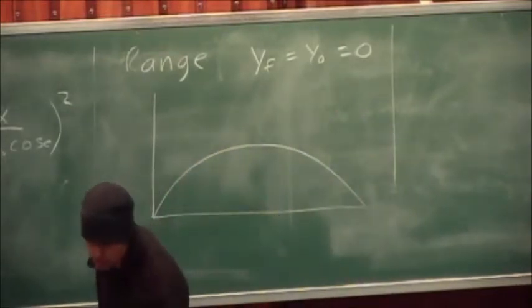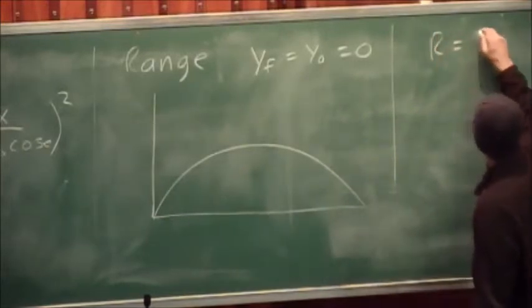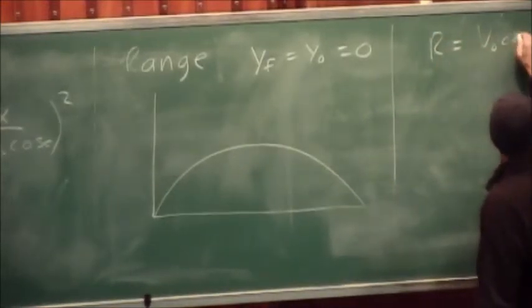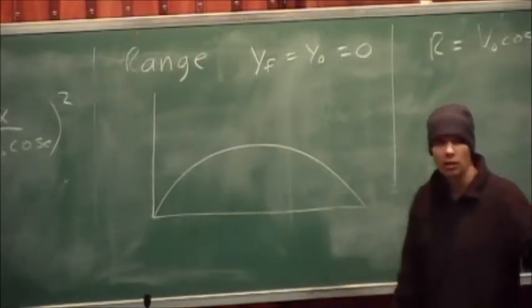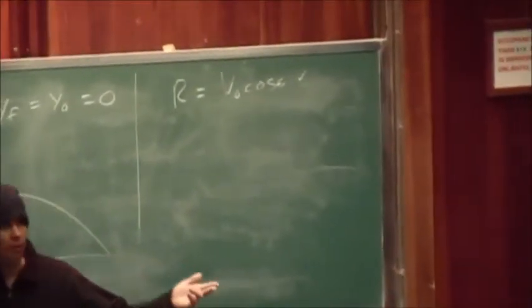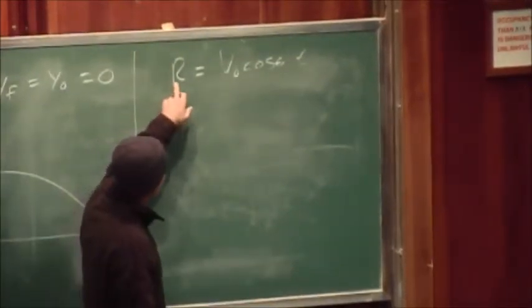So we just use two equations. One is r is equal to v0 cosine theta times t. That's just simply the x displacement, the distance along the x-axis.